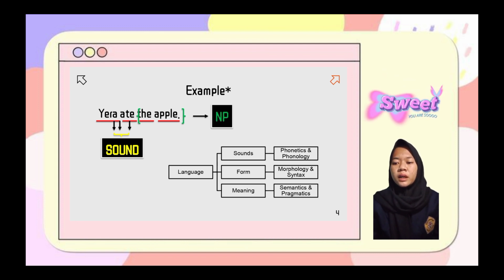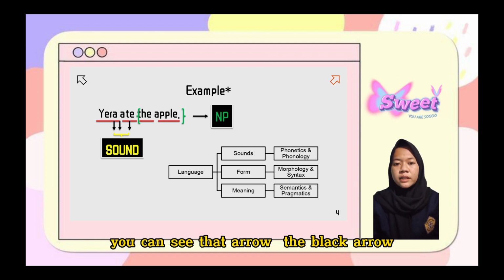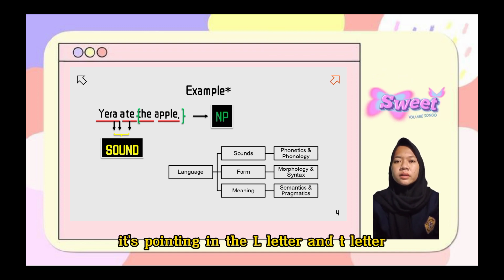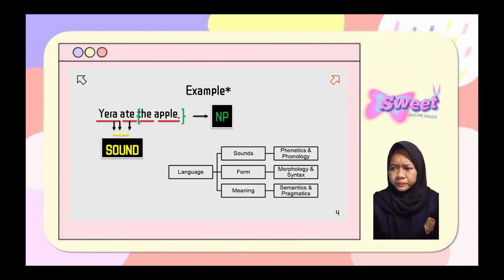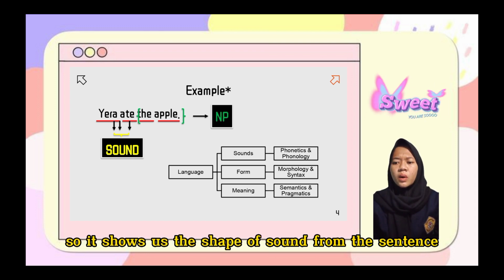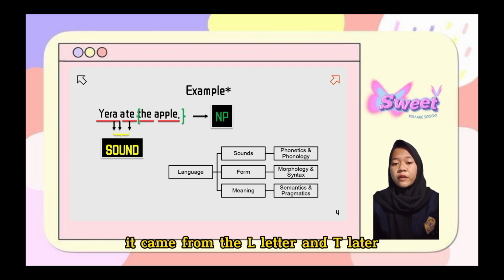So you can see the black arrow pointing at the L letter and the T letter. It shows us the shape of sound from the sentence. It came from the L letter and the T letter.